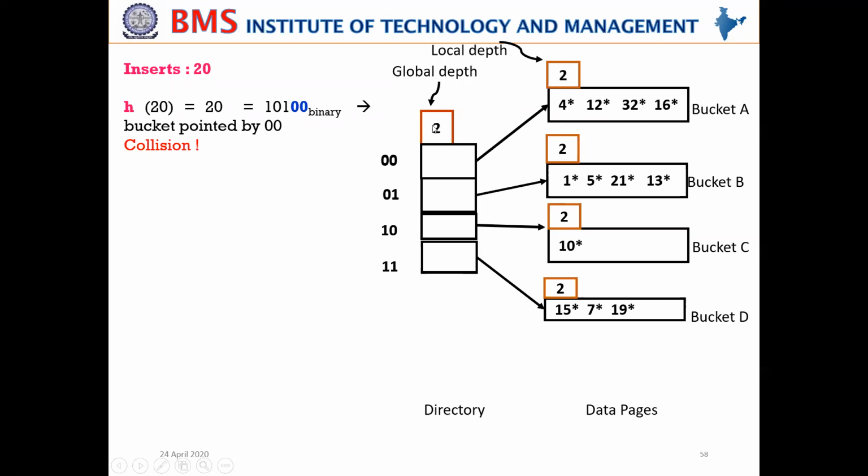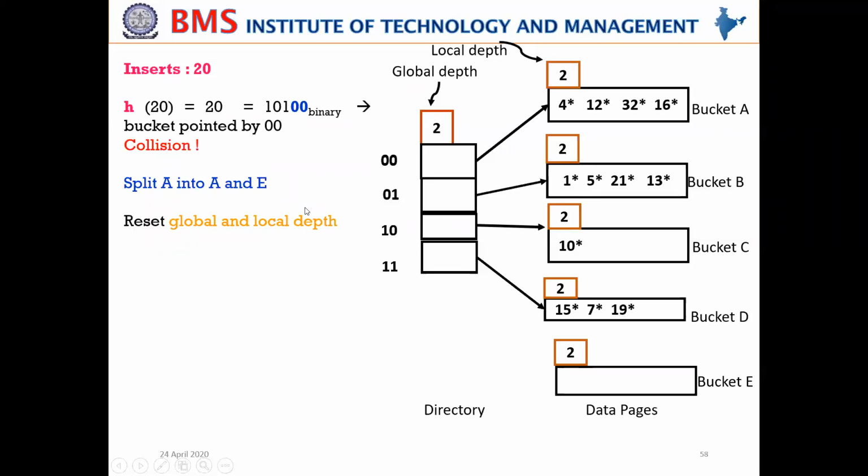Since global depth and local depth are both the same and it is leading to a collision, what we are supposed to do is split this bucket. Because the overflow is caused in bucket A, I split A into A and this additional bucket E. Yes. Now, what should I do? Reset the global depth. Why?